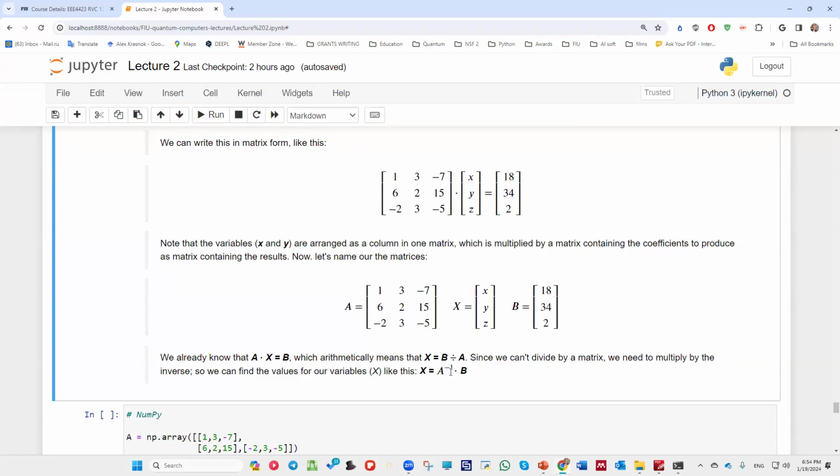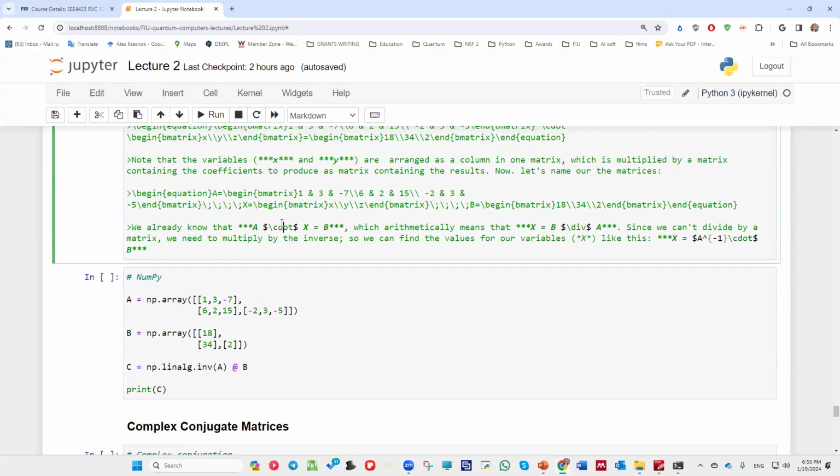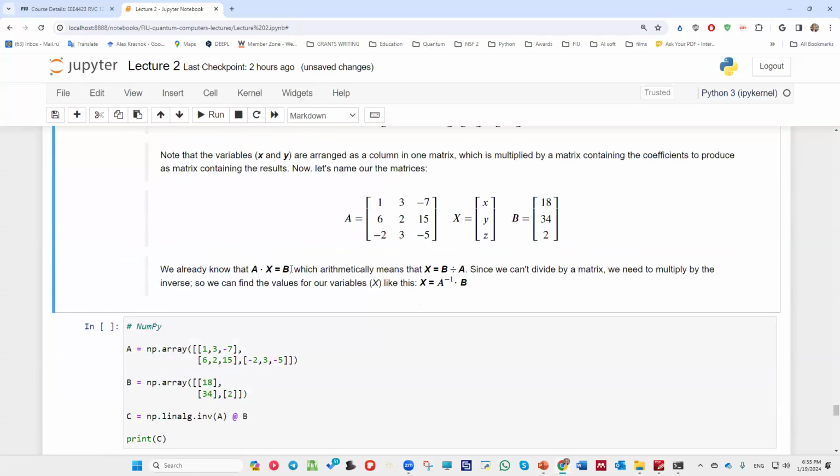So we need to use this definition for the inverse matrix and multiply this expression by the inverse matrix A from the left on both sides. So when I multiply this part by A inverse, and here B by A inverse, this A inverse A on the left side cancels down, right?